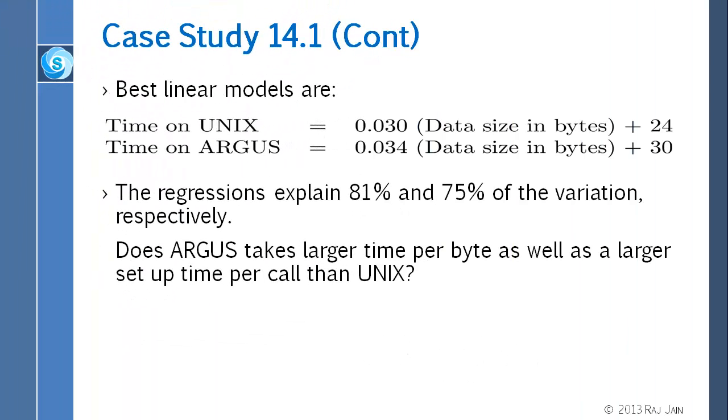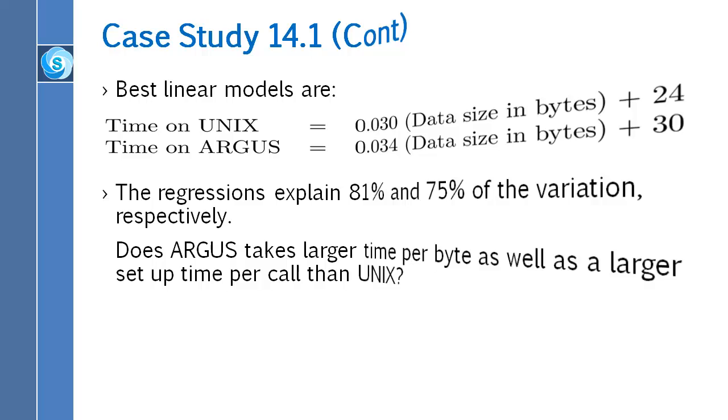So now the question is about the per byte quantity. Here it takes 0.03 per byte, there it takes 0.034 per byte. Are these different? They're not really interested in anything else. They are interested right now in the per byte thing. And so to answer that question, we need to do the confidence intervals on those 2.